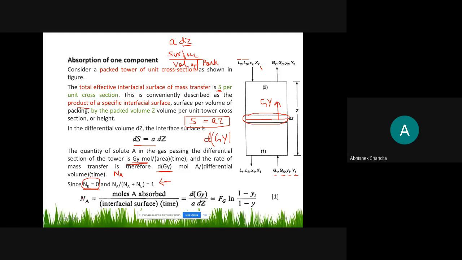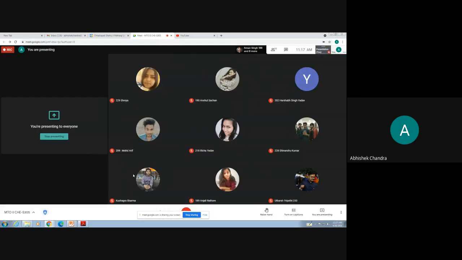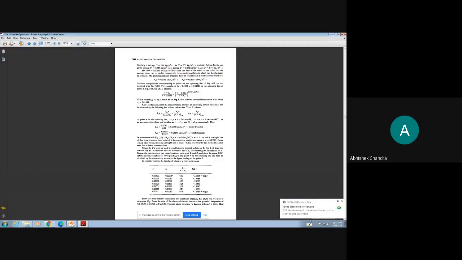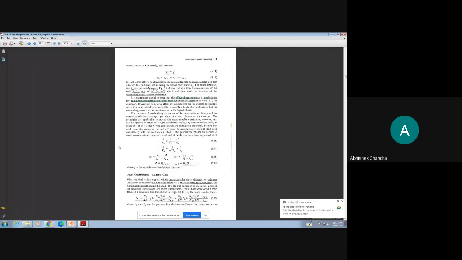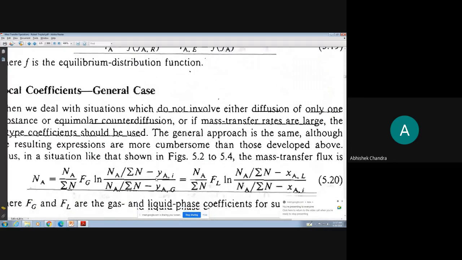Then NA, how will we get this? We get it from this relationship, which we have already discussed in the mass transfer coefficient.